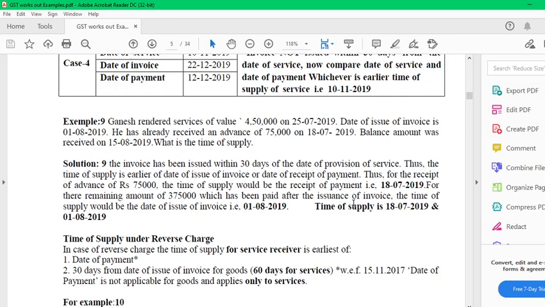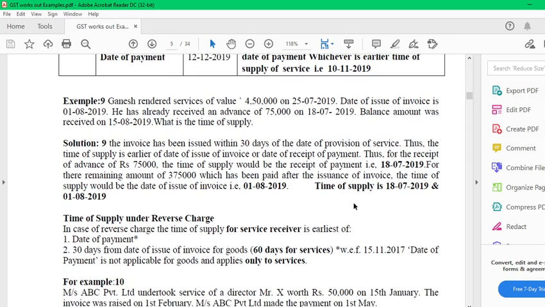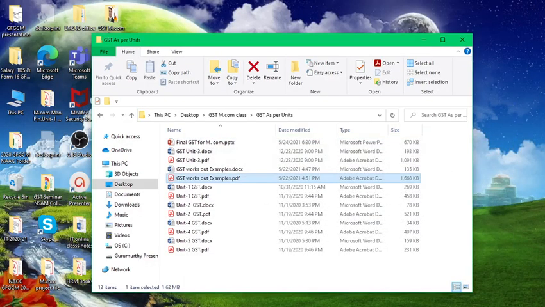Why? Because we are not taking advance into account as an invoice. Advance is only a receipt. Here the payment date is 15/8/2019 and the date of invoice is 1/8/2019. Comparing these two, 1/8/2019 is the earlier date. Time of supply and reverse charges will continue in our next video.